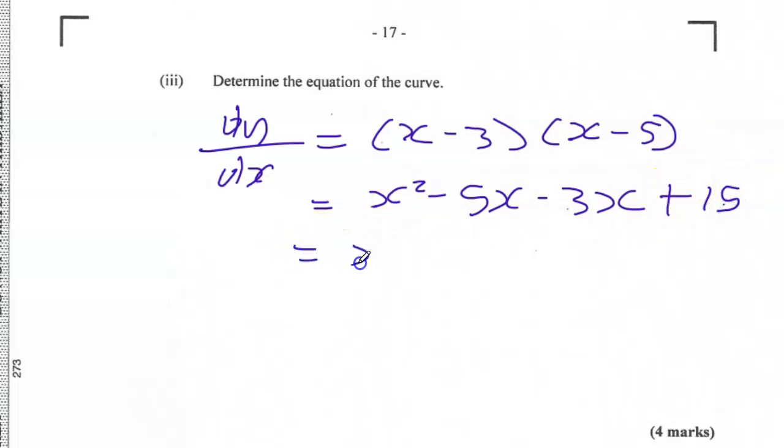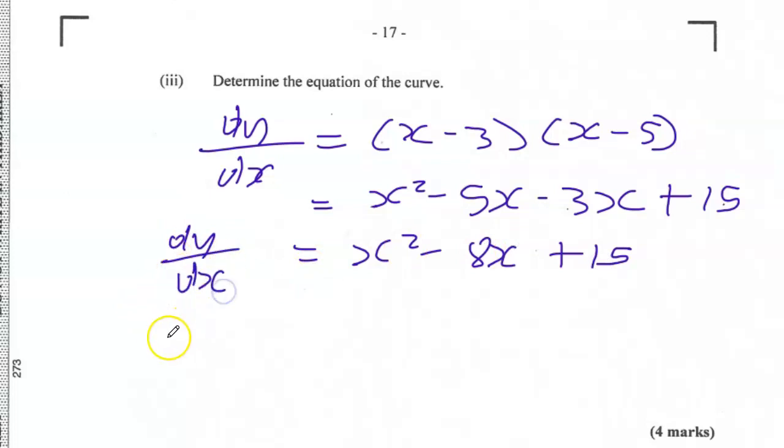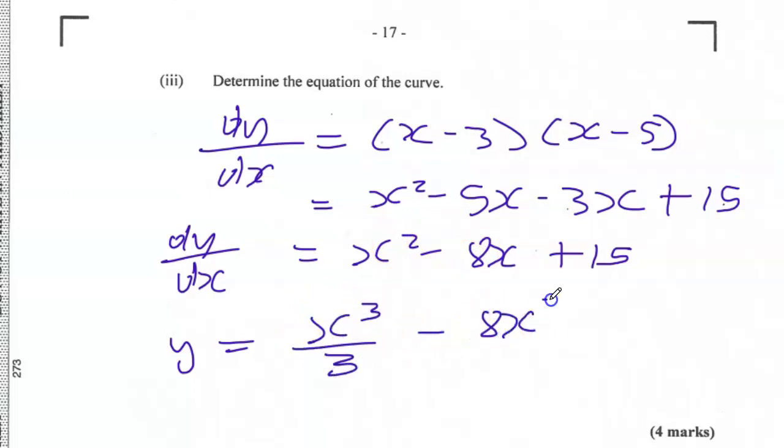So dy by dx is x squared minus 8x plus 15. To get y, we can integrate. So y would be the integral of dy by dx, which is x cubed over 3 minus 8x squared over 2 plus 15x plus a constant.